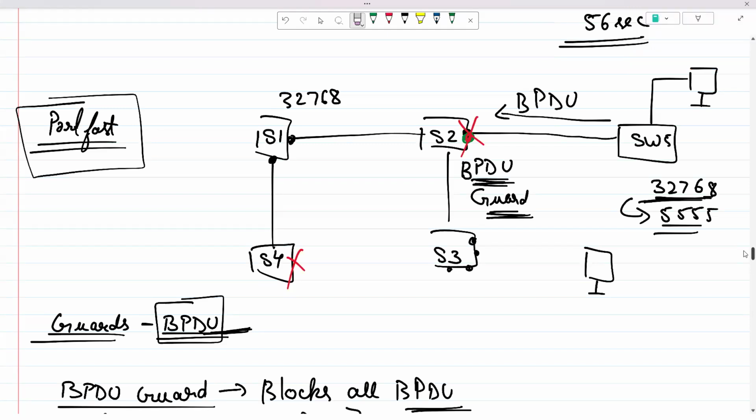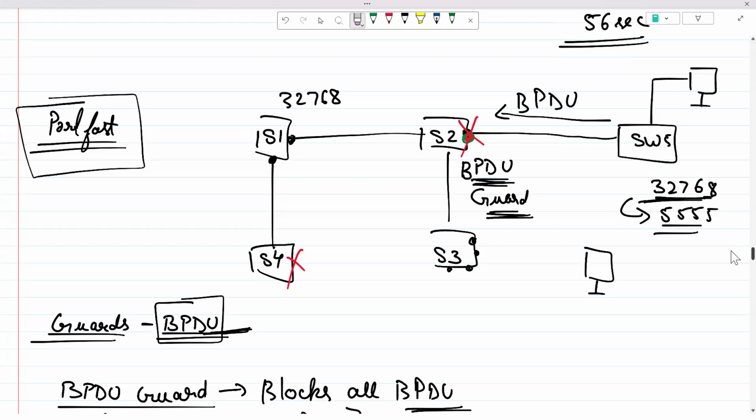Sir, in this topology, S1, S2, S5, S4, S3, on S2 we have configured BPDU guard enabled. It means whatever BPDU I am receiving from switch 5, I'm just going to discard. I have just deployed a new switch 5 in my network, and as a network admin I'm believing that there are some intruders outside who are connected on my switch 5 and sending malicious traffic in my network.